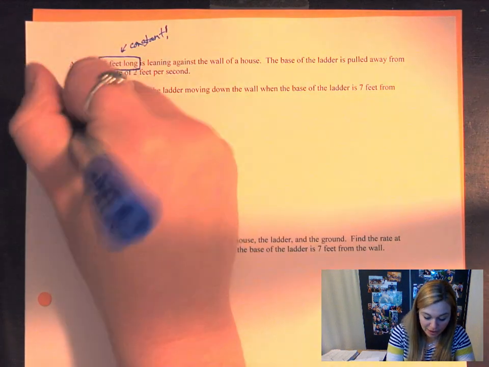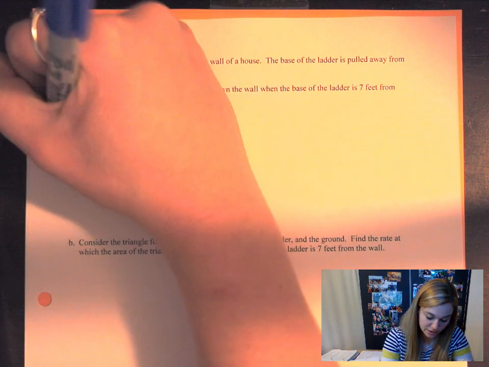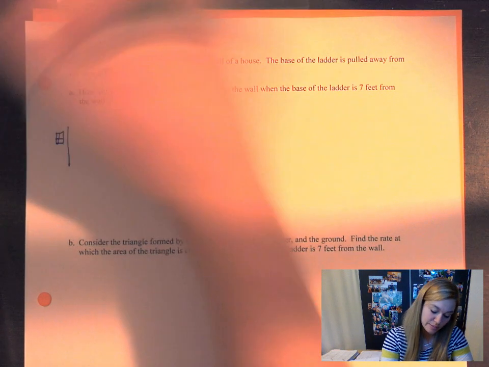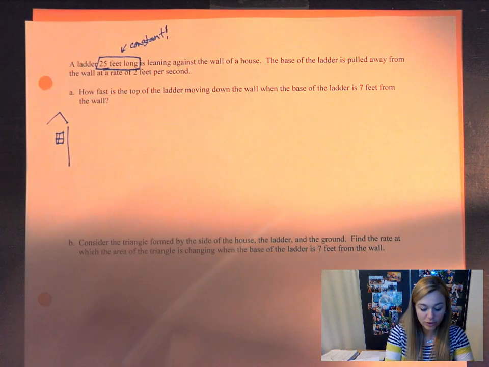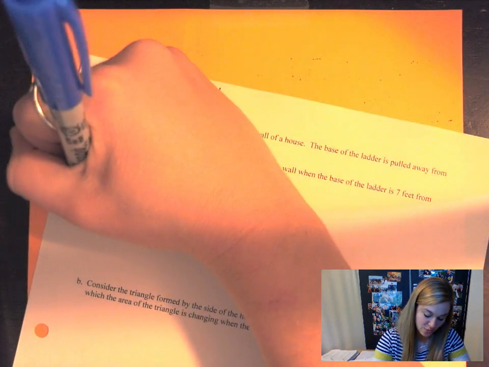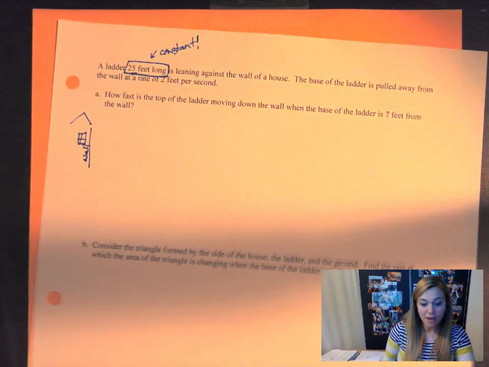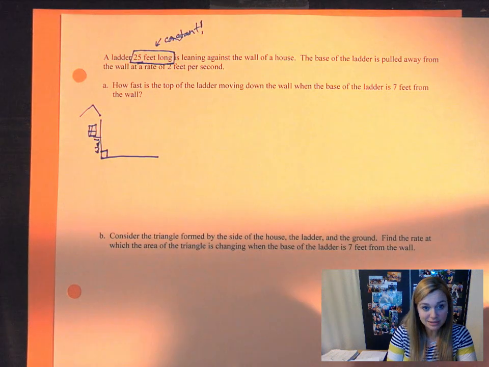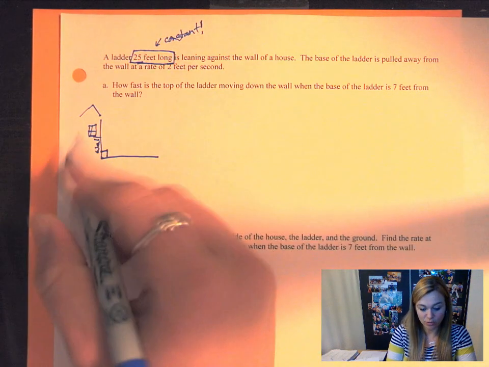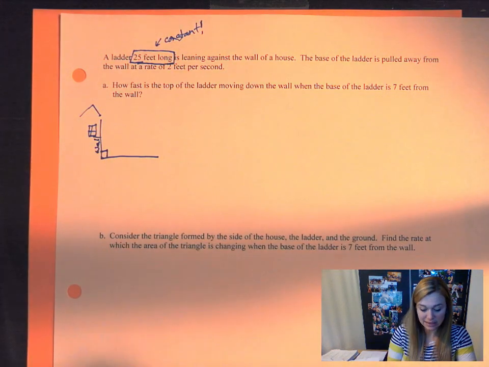The base of the ladder is being pulled away from the wall at a rate of 2 feet per second. So if we're talking about a wall, this is my wall, there's a house. We've got the base of the house, and I'm hoping that the base is going to be at a 90-degree angle with the house, unless the house is leaning, which I'm hoping not.